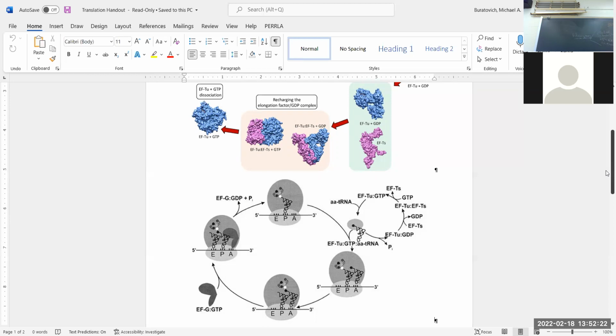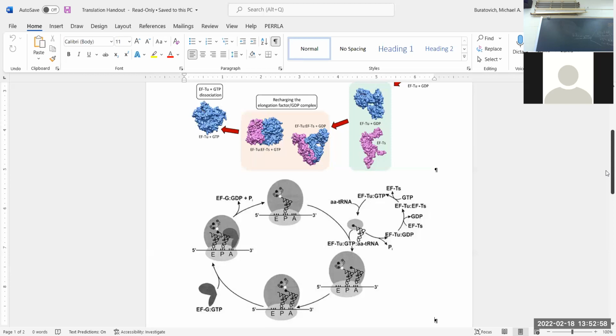Now, this particular sequence is extremely similar in eukaryotes. It's just that the players have slightly different names. EFTU and EFTS are called EF1 alpha and beta. In fact, the EFTS equivalent is actually a 2-subunit thing called beta and gamma, so it's a 3-subunit ditty, but it does the same thing and works the exact same way.